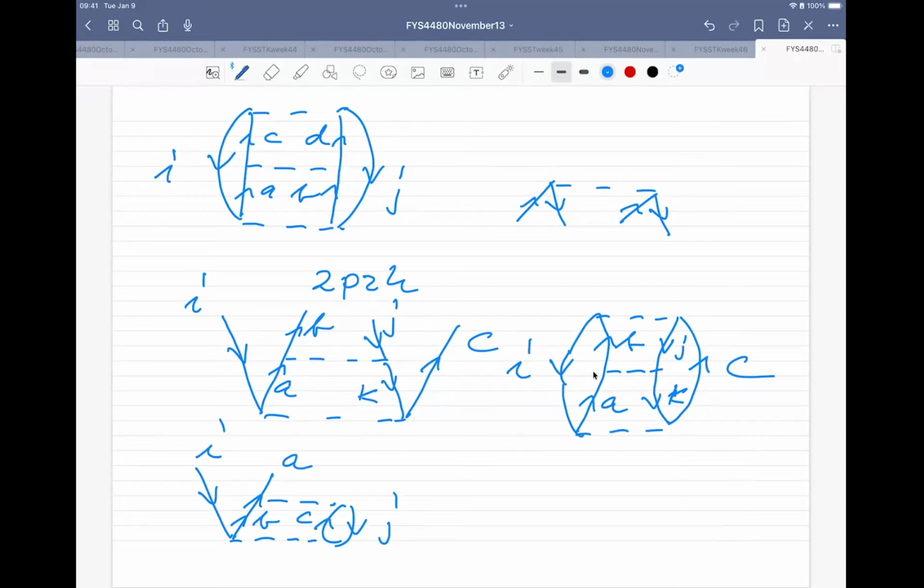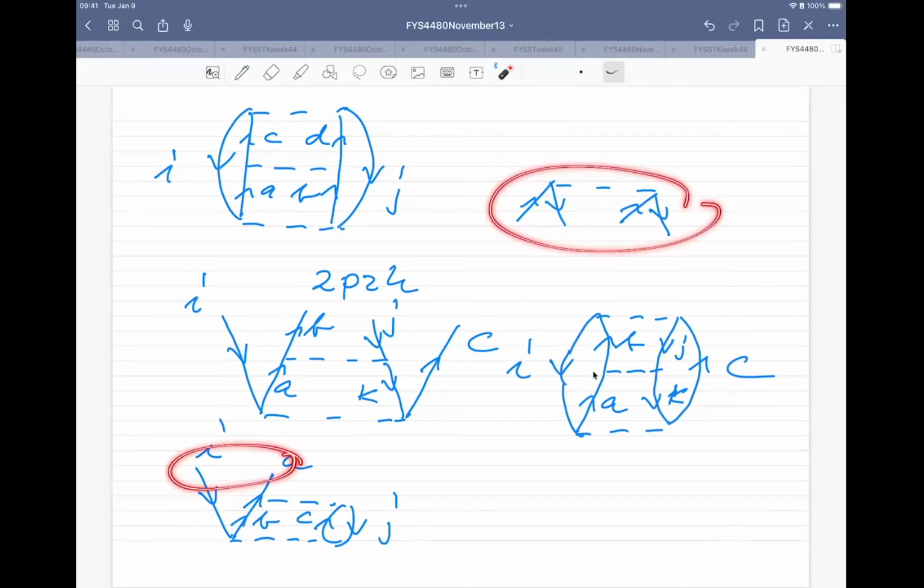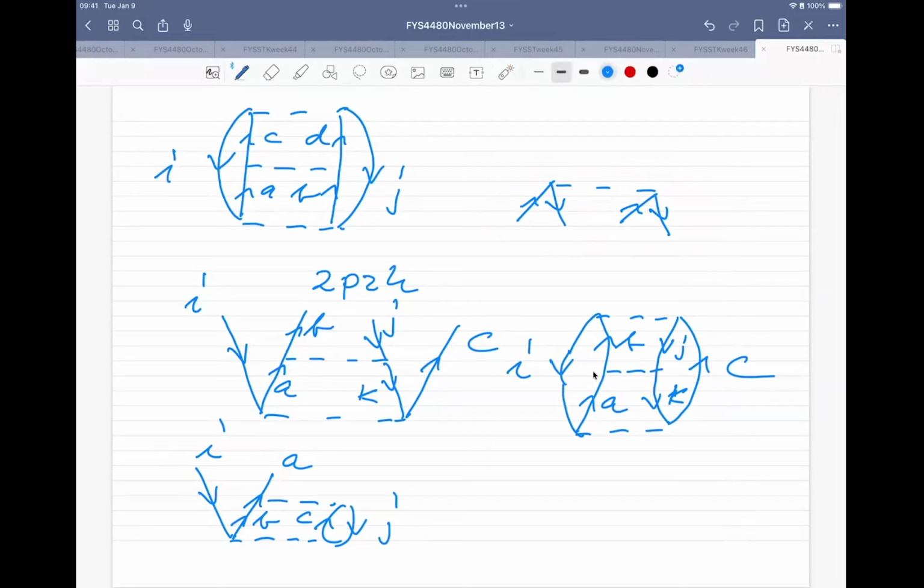So this diagram produces what we would call an intermediate two-particle, two-hole excitation, because I have two particles and two holes. But then I cannot contract this one with that one, because that would leave two uncontracted lines, and that will give us 0.